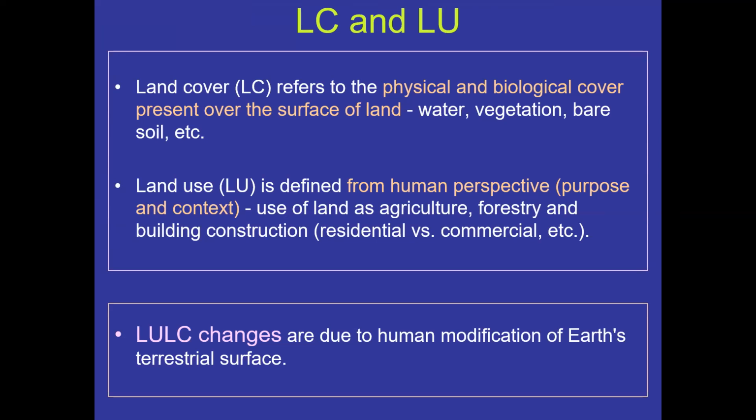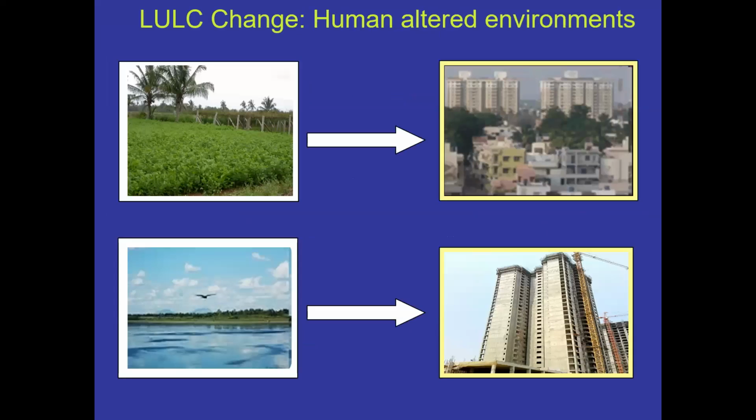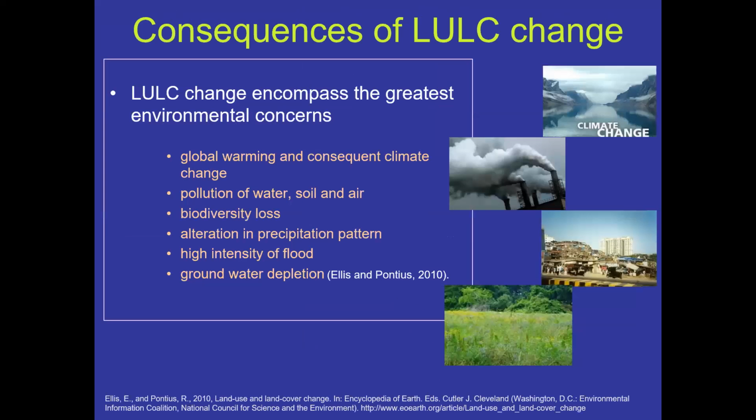Now, more often than not, there have been huge changes in land use and land cover across the world. Why is there a change? Because of humans. Humans have modified Earth's terrestrial surfaces for different purposes. Right? This is a very common phenomenon in most of the growing cities. We see large amounts of farmlands converted to buildings, lakes being encroached and converted to high-rise apartments, and so on.